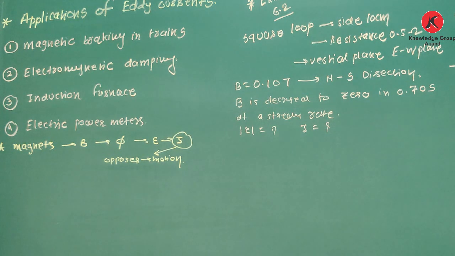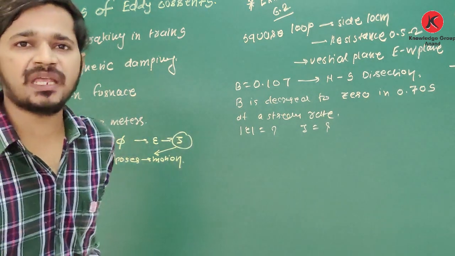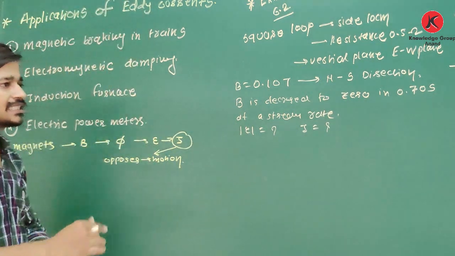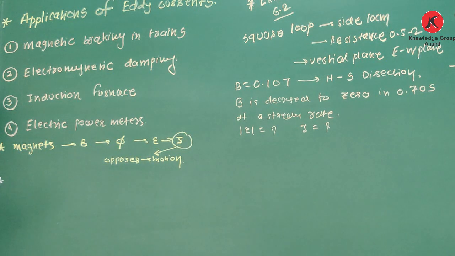Second, electromagnetic damping. What is electromagnetic damping? Damping means it decreases oscillation. Again, in some meter, for example, galvanometer. We know that in galvanometer, pointer moves from 0 towards any value. Yes or no? So, electromagnetic damping means what?